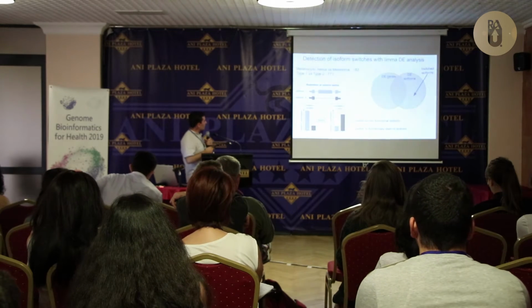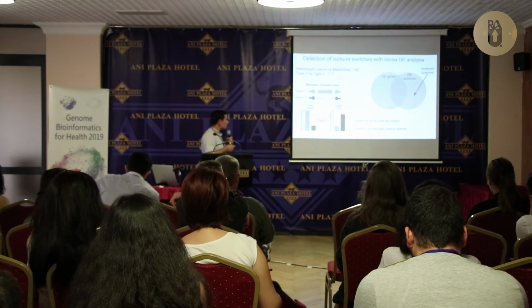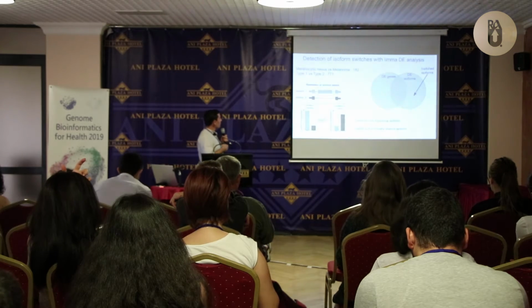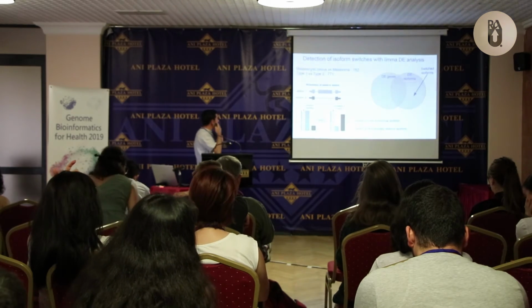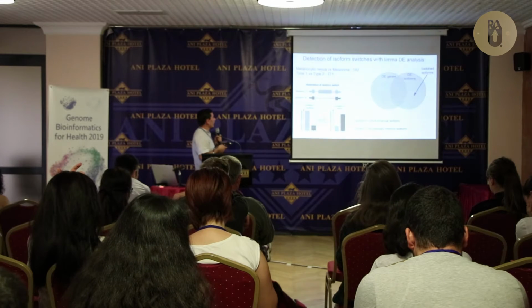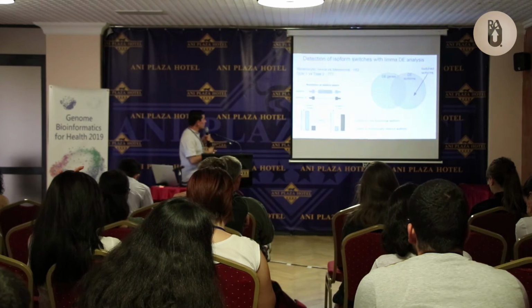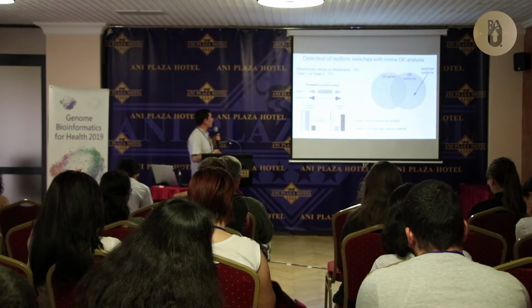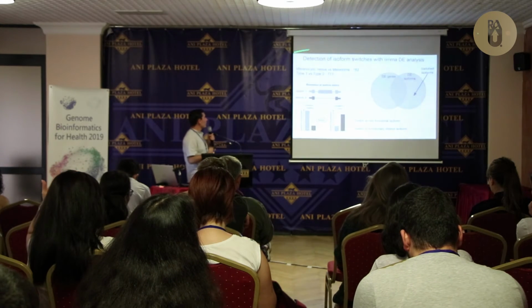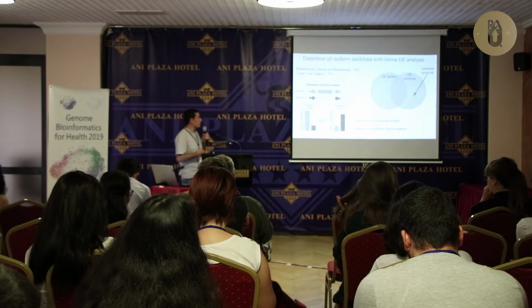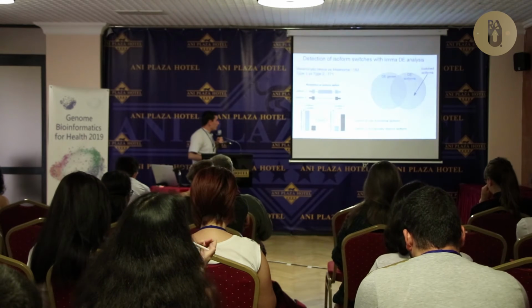And what we saw in subtype differential analysis is that we found 182 switched isoforms in melanocytic nevus versus melanoma, and almost 800 between type 1 and type 2 subtypes.